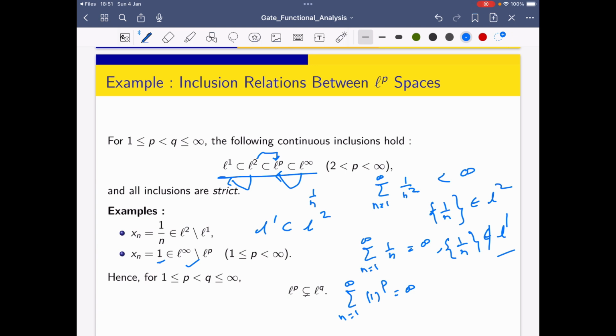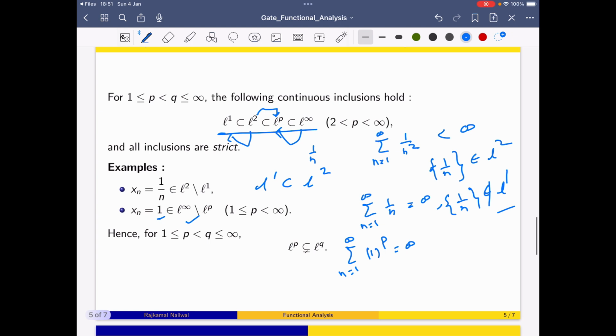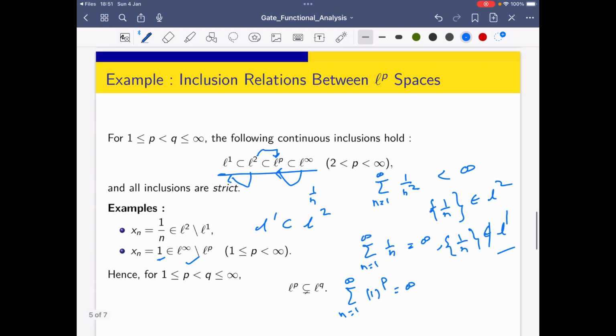So what we saw is that L1 is contained in L2, L2 is strictly contained in LP, and LP is strictly contained in L infinity. So these are some standard examples of norm linear spaces, and one should be aware of this inclusion relation between them.